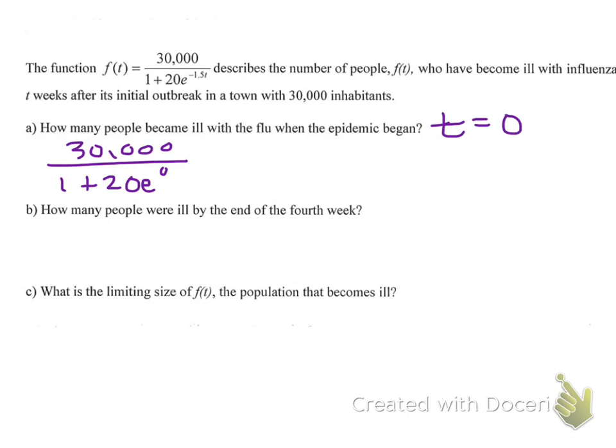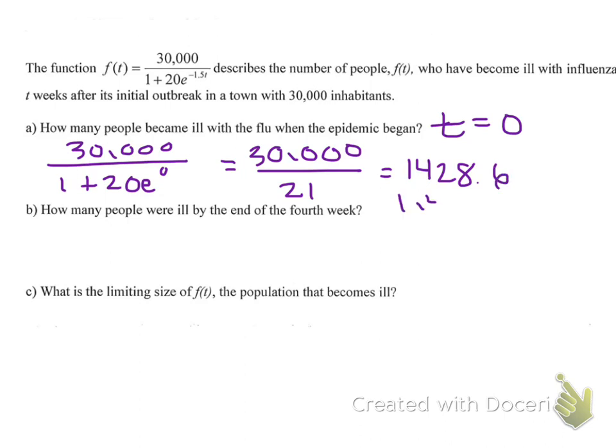Anything raised to the 0 power is equal to 1, so now this becomes 30,000 divided by 21, which will equal 1,428.6, so we'll say 1,429 people were sick when it first broke out.